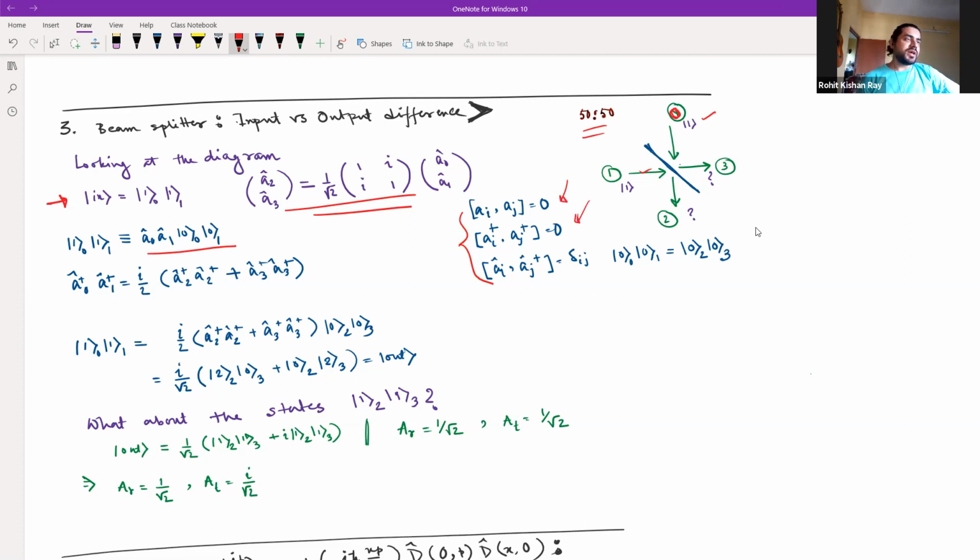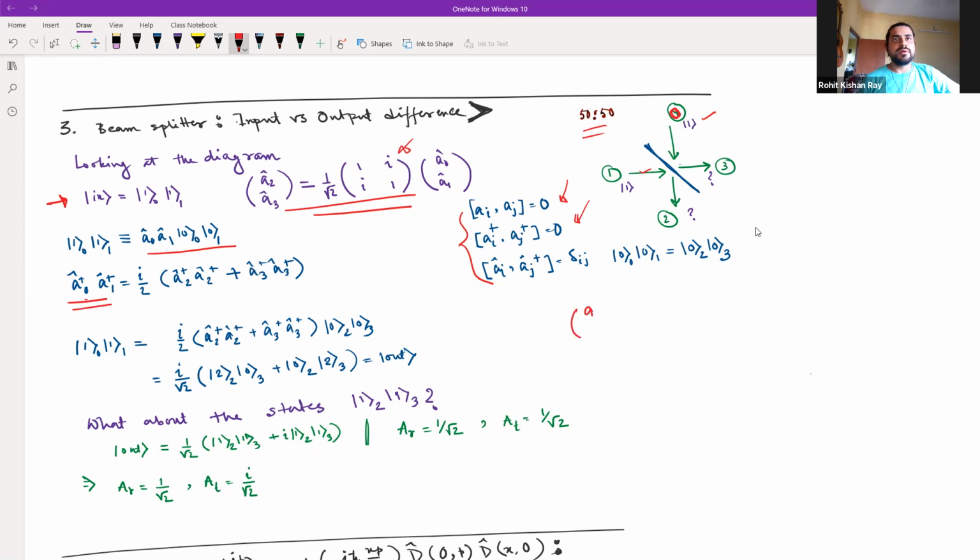So let us try to figure out what this expression actually means. Once we have an expression and a relation like this, we can write A2 and A3 in terms of A0 and A1. But if we are trying to go from A0 and A1 to A2 and A3, we will have to invert this operation.